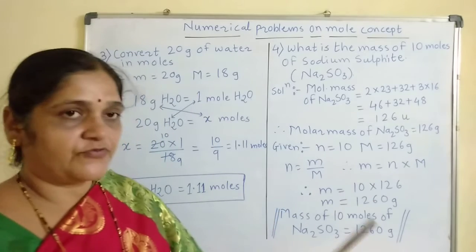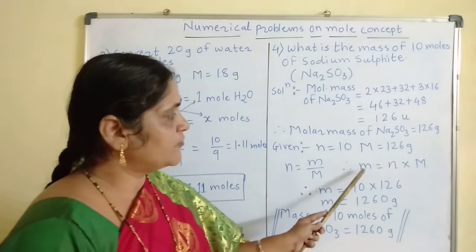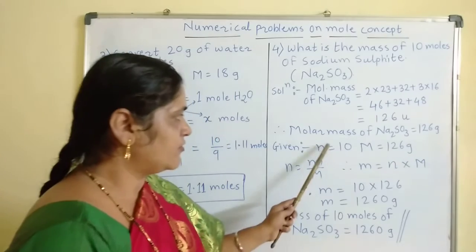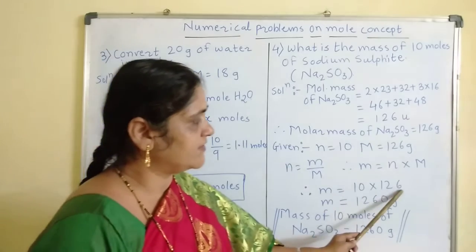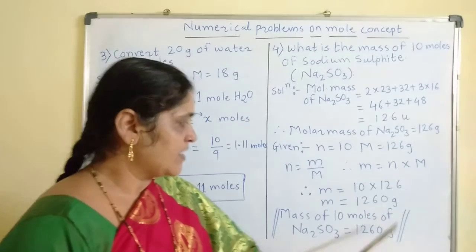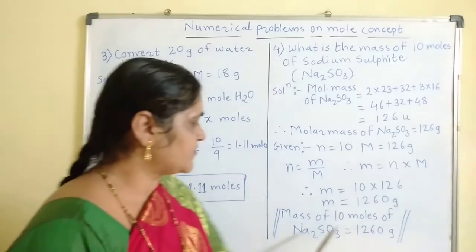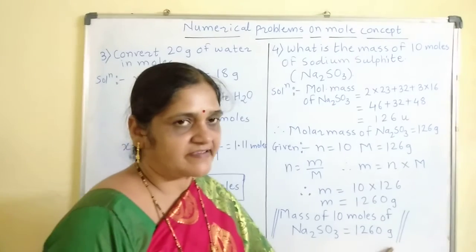So, we are going to use the formula N is equal to small m upon capital M. Therefore, small m is equal to N into capital M. N is equal to 10, capital M is 126. So, 10 multiplied by 126 is equal to 1260 gram. Thus, we have calculated the mass of 10 moles of sodium sulfite is equal to 1260 gram.